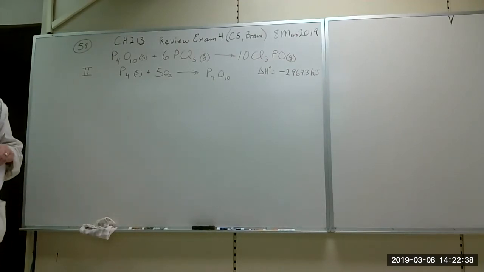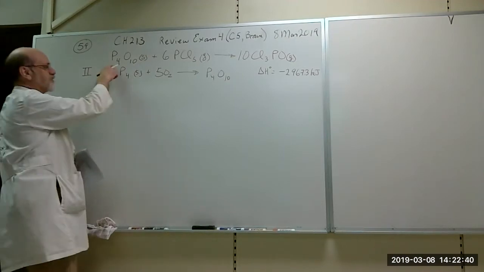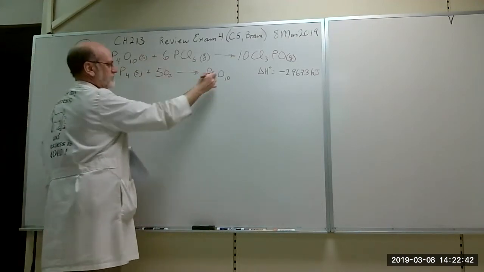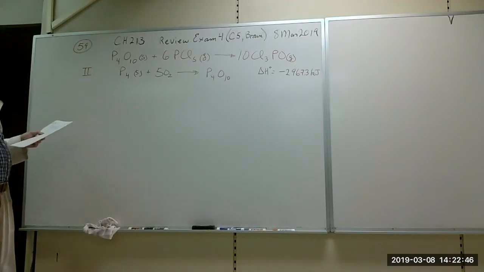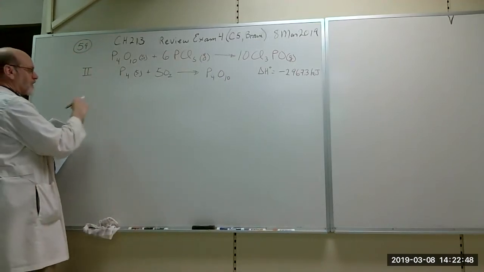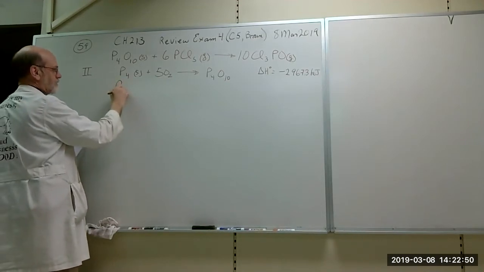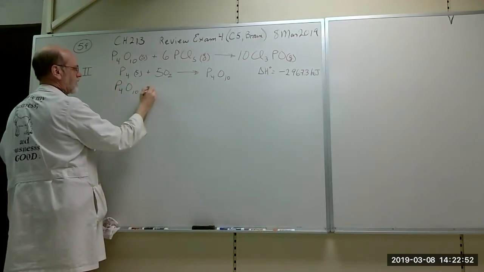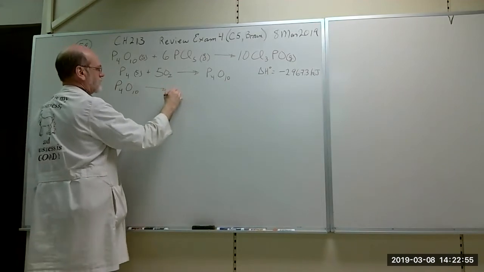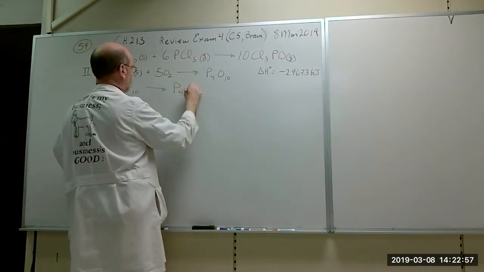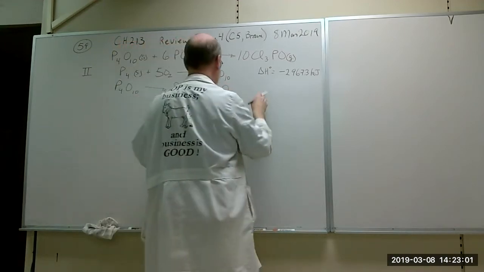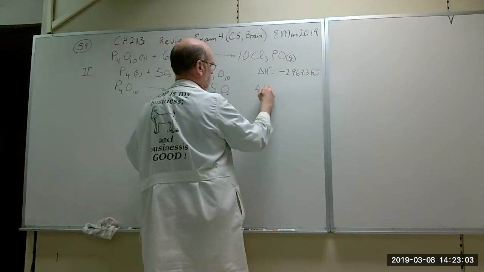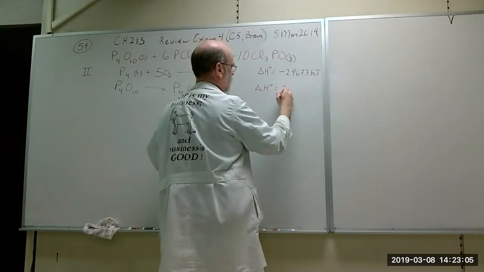It's backwards. Right? We need the P4O10 over here on this side. Okay? So why don't we just do that? So let's flip it. And what does that do to delta H? It just changes the sign.